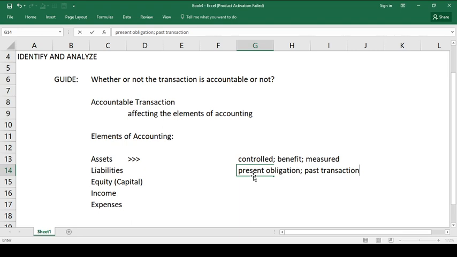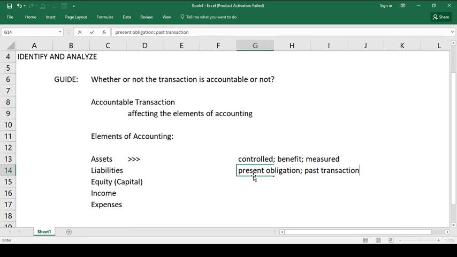Okay? And another characteristic of a liability is that there is an outflow of resources. Future outflow. Bakit may future outflow of resources?